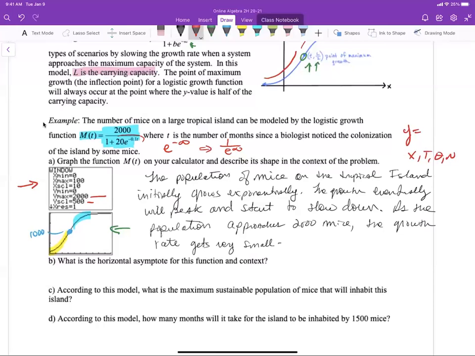So this portion of the equation will approach 0, and then I will add 1 to it. So I will have a horizontal asymptote at y equals 2,000, because 2,000 divided by 1 is 2,000. And what does that mean in context? That is the max number of mice on this island.